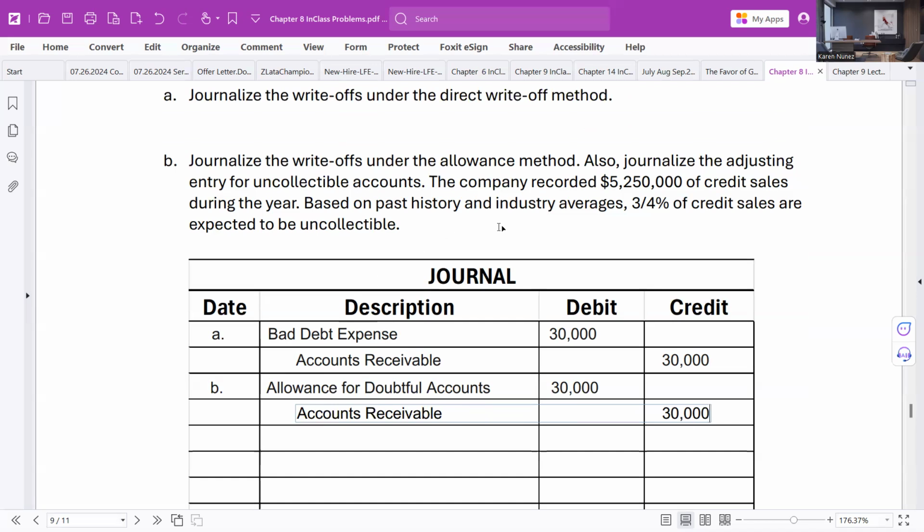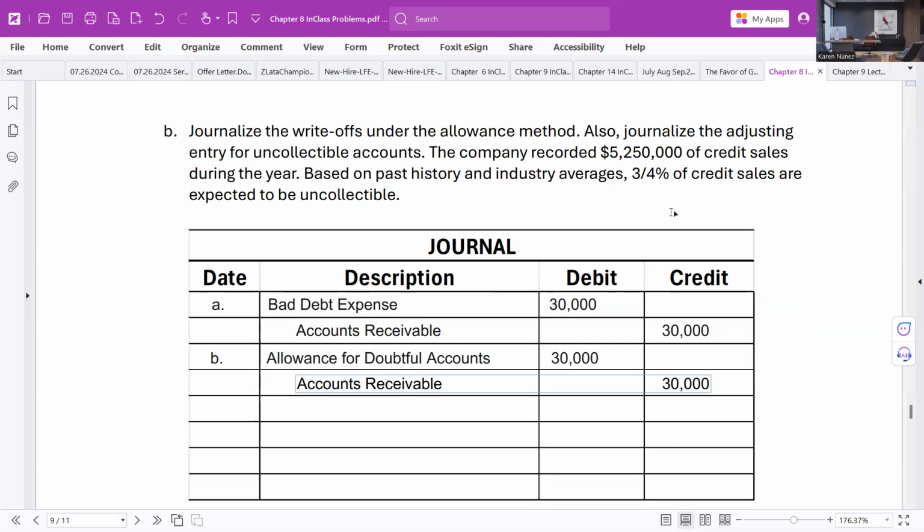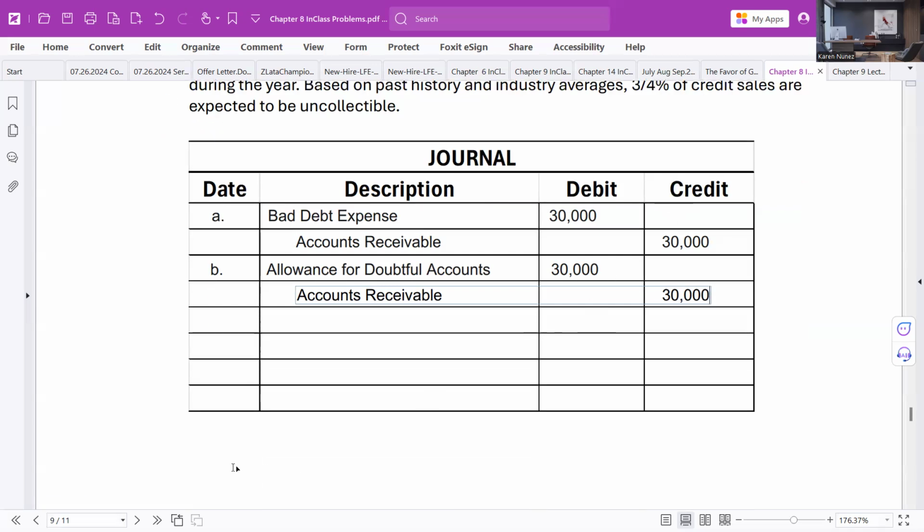They are using the percent of sales method, and we need an adjusting entry for the end of the year. The adjustment is going to be based on past history and industry averages, 0.75% of the credit sales. 0.75% of the credit sales is determined to be uncollectible. So we need to know how much that is.